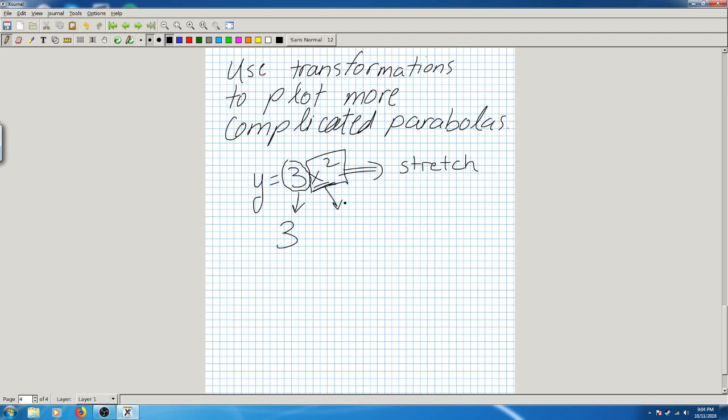These are the y values of the base curve, and it's taking all of these y values and multiplying by 3. This is the operation. So I take only my y values of my base curve, and I multiply by 3. You'll see graphically in a minute that that just turns into a stretch vertically by 3.